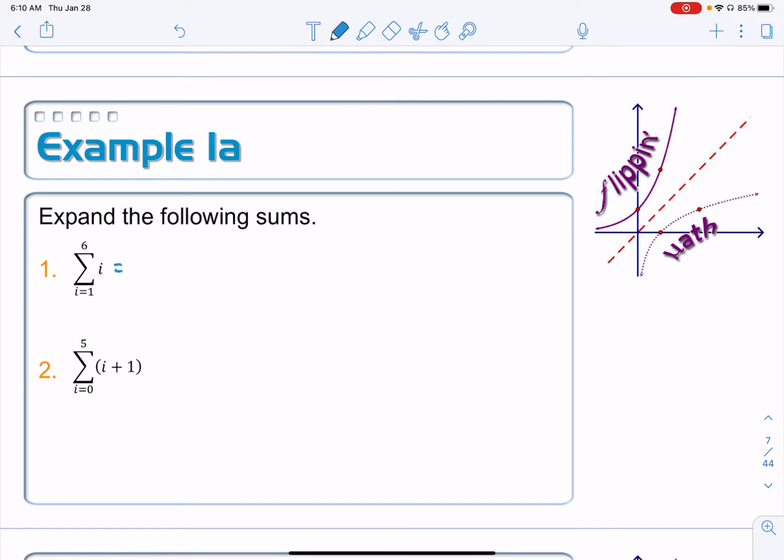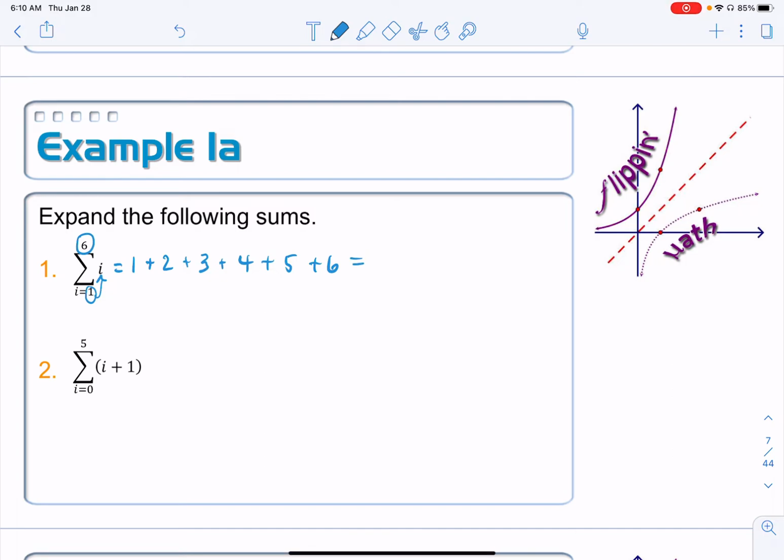I'm going to start with i equals 1, and notice that when I just plug 1 into this, I just get 1 as my function, plus, and now I'm supposed to increase this counter by 1 more, and then stick that into the function here, which is just going to be a 2. Plus, and then I increase it by 1 again, 3, plus 4, plus, where do I stop? Stop right here at 6. 5 plus 6, and then I total those things up.